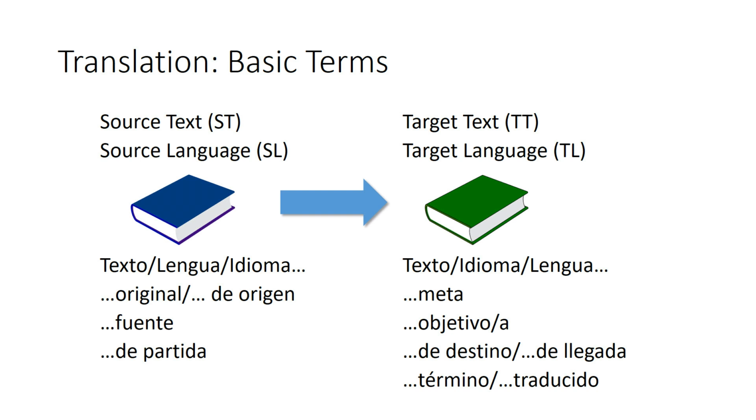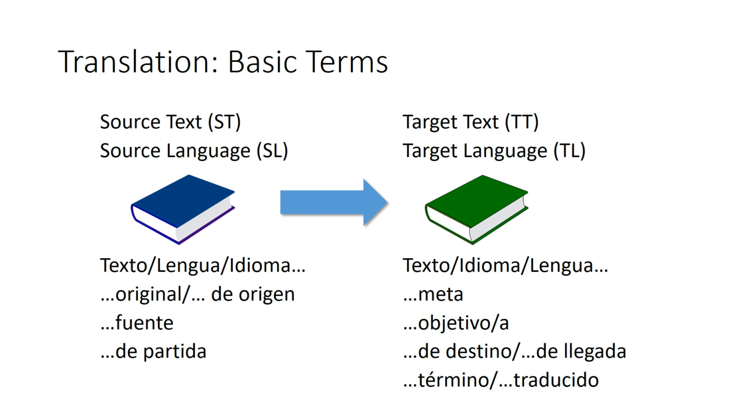Some people talk about source culture as well, SC. We're taking that source text, we're translating it, we'll talk a lot more about that in this video, creating a target text, which is the product of the translation, target text, abbreviated TT, in the target language, TL, for target language readers in the target culture, TC.